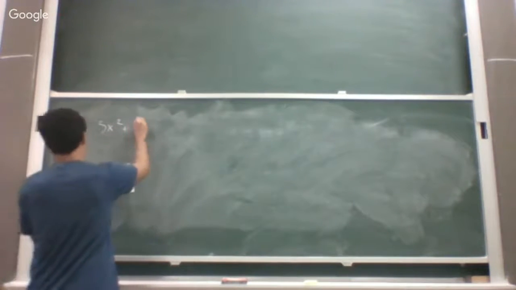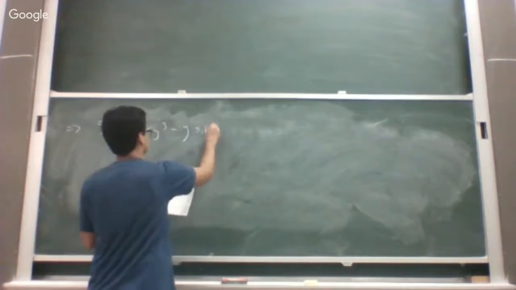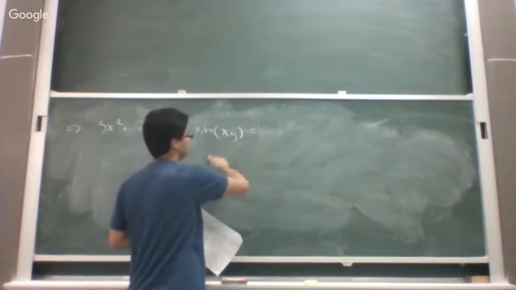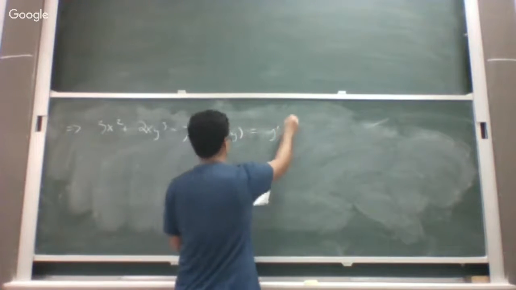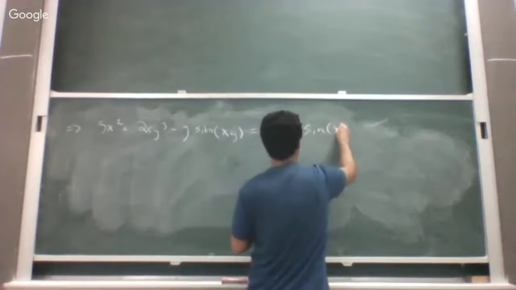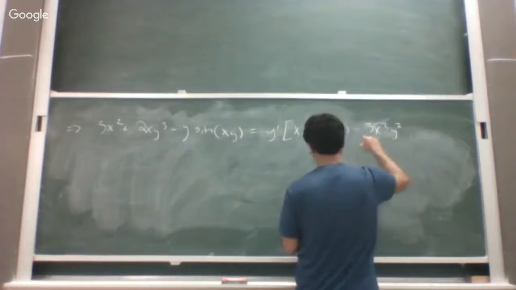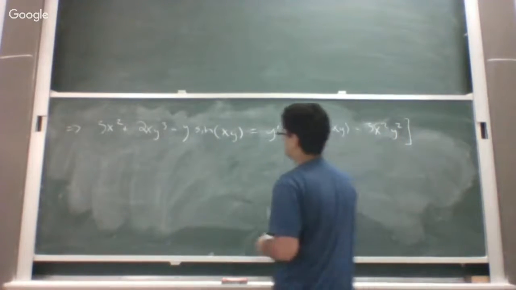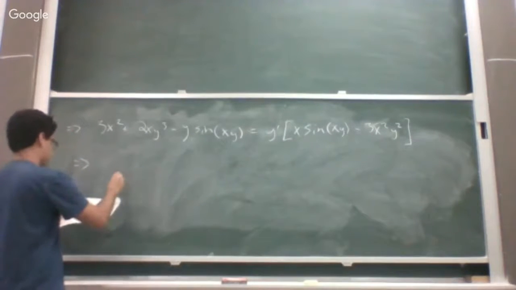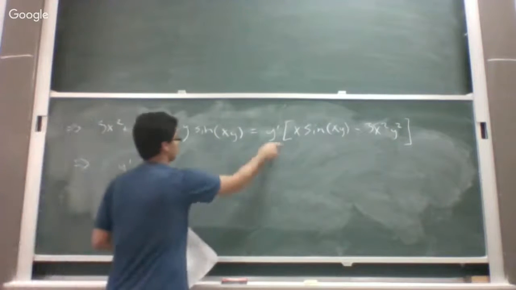3x squared plus 2xy cubed minus y sine of xy equal to, so we brought everything with y prime on this side and factored it out. We have x sine of xy minus 3x squared y squared. Does that make sense? So then we solve for y prime by dividing that down.